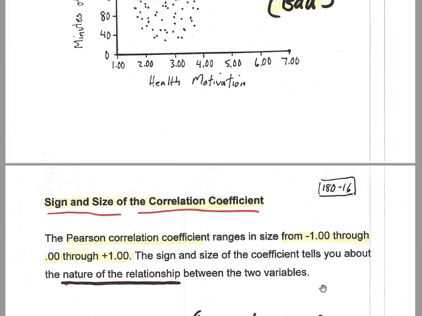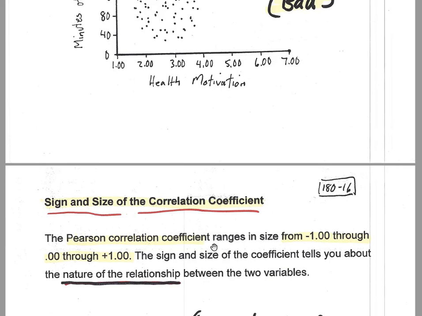What do we have? Pearson correlation coefficient ranges in size from negative 1.0 through 0 through positive 1.0. Sign and size of the coefficient tells you about the nature of the relationship between two variables. Pearson correlation coefficient is a neat statistic. It is usually presented as a 2 decimal place statistic, such as the correlation between the variables was positive 0.21, or the correlation was negative 0.77.